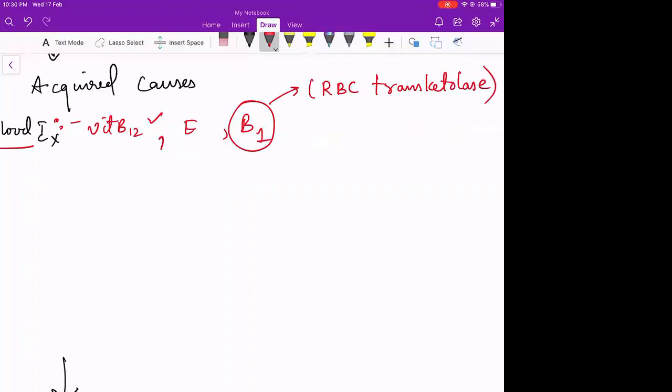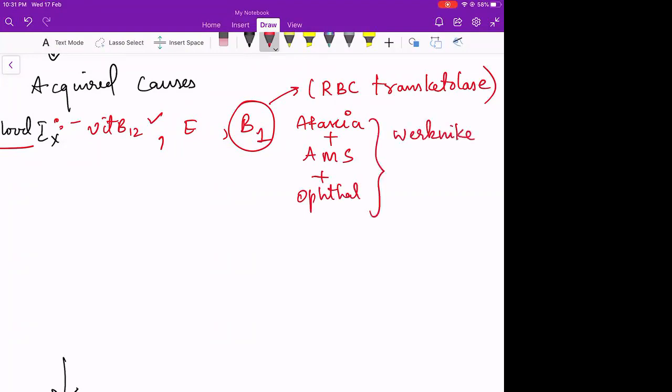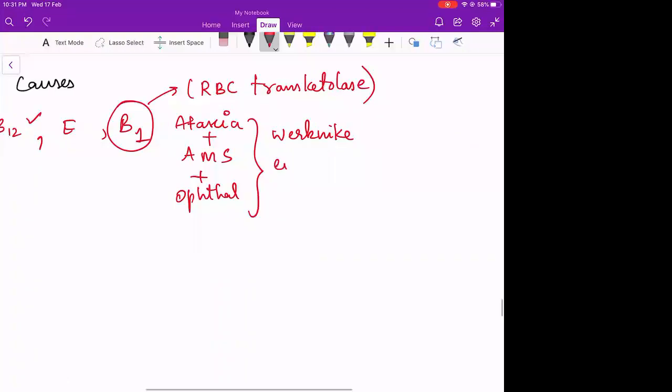If a patient is having ataxia along with altered mental status and ophthalmoplegia, first we'll think of Wernicke's encephalopathy, irrespective of a background history of alcohol. So usually we directly go ahead with treating with thiamine.